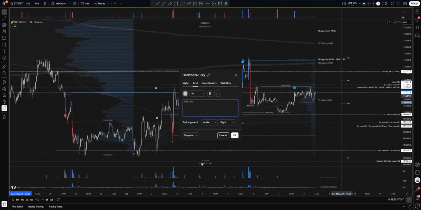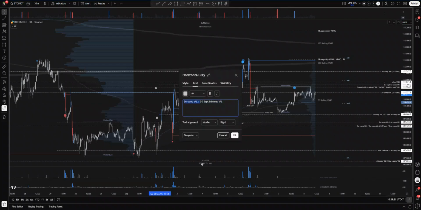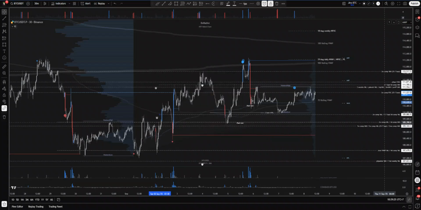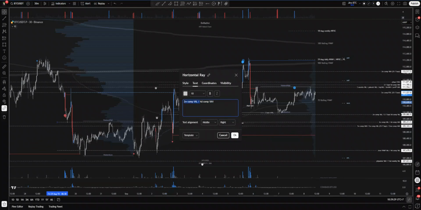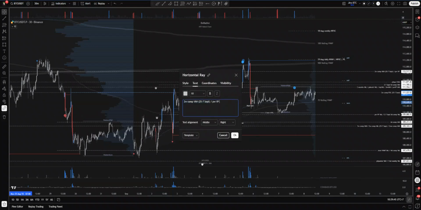Okay, this one is previous week volume profile variable.